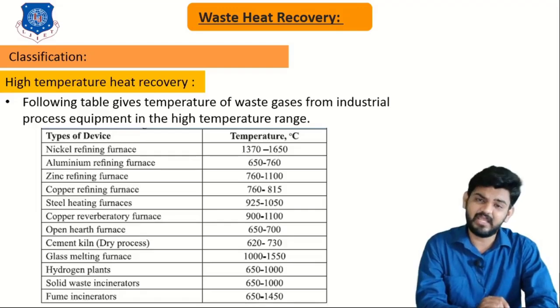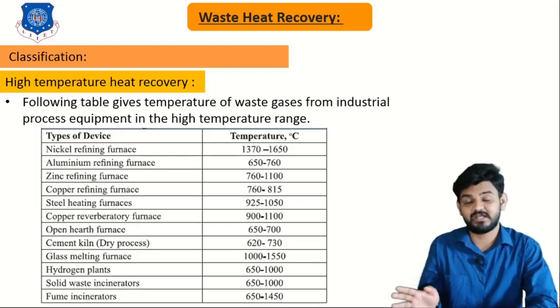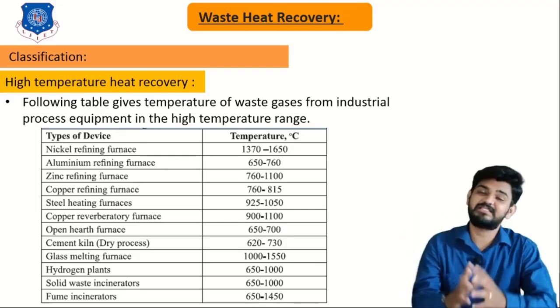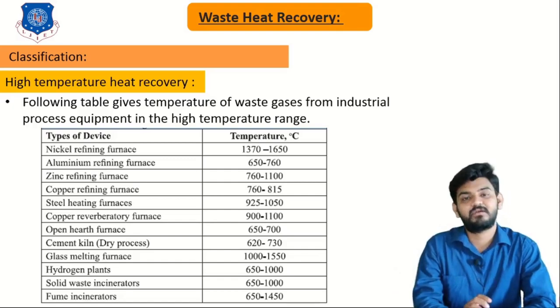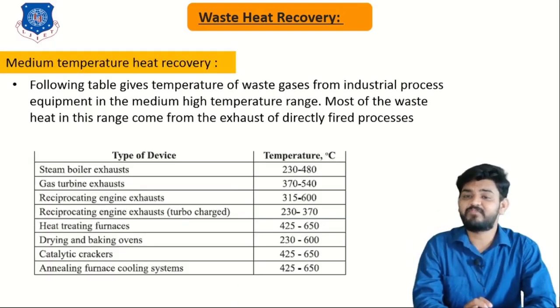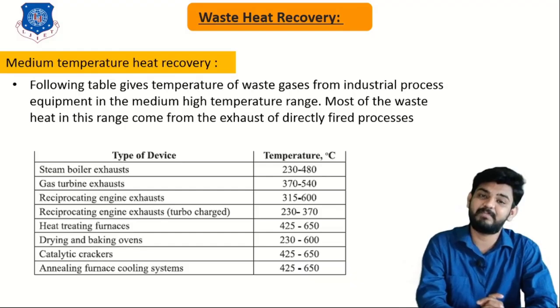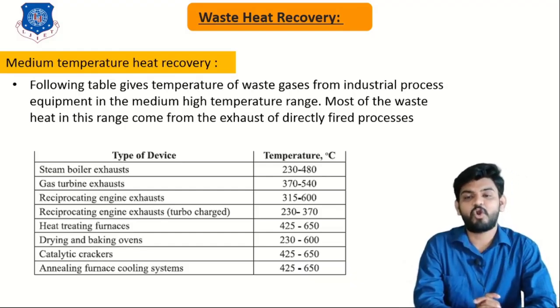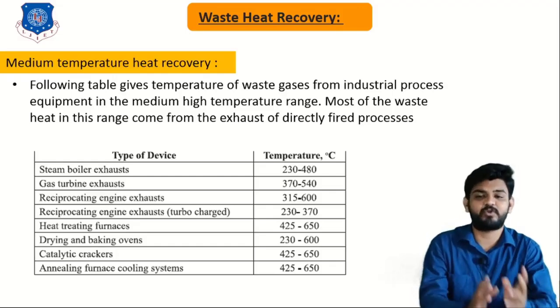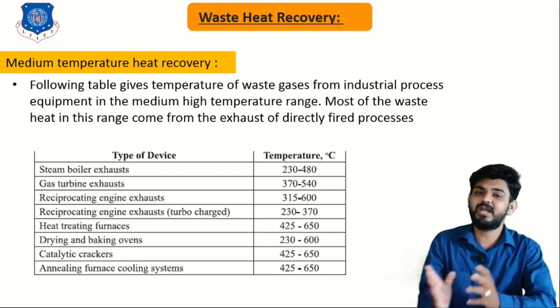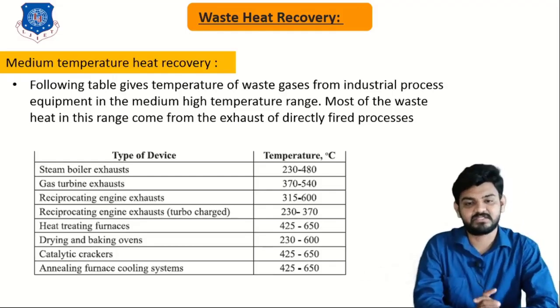We can recover heat of such high temperature, that is over 1000 degrees Celsius. Now let's see the second type of classification, medium temperature heat recovery. The following table gives the temperature of waste gas from industrial process equipment in the medium to high temperature range.